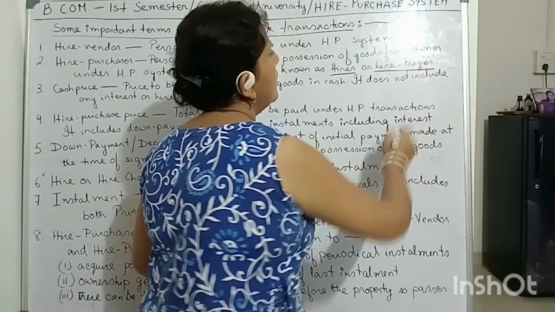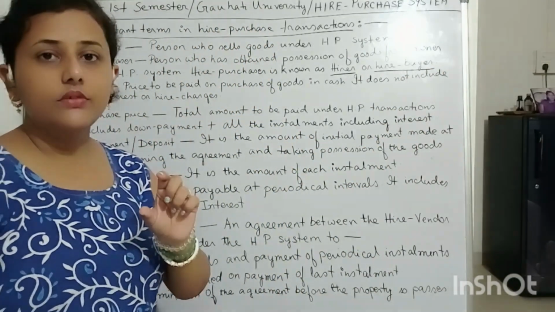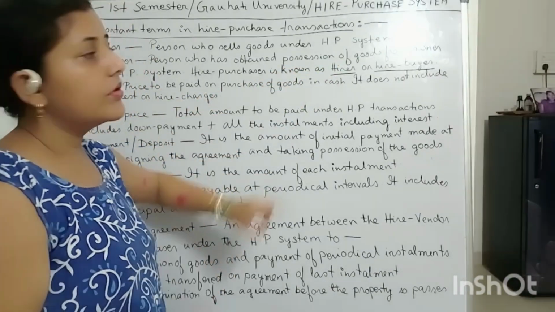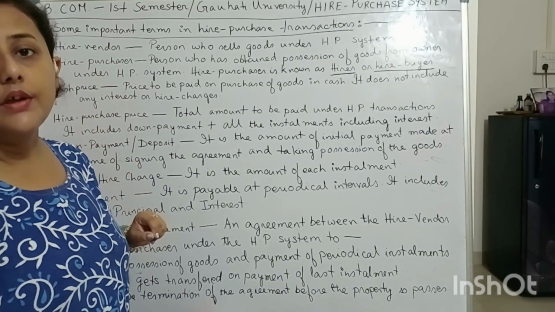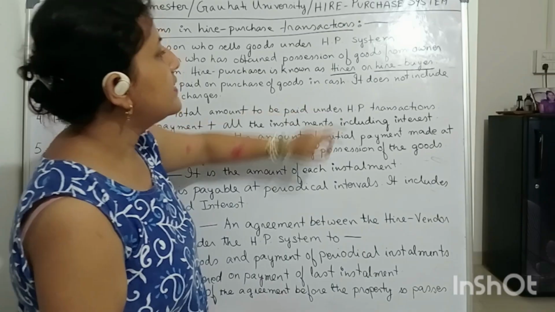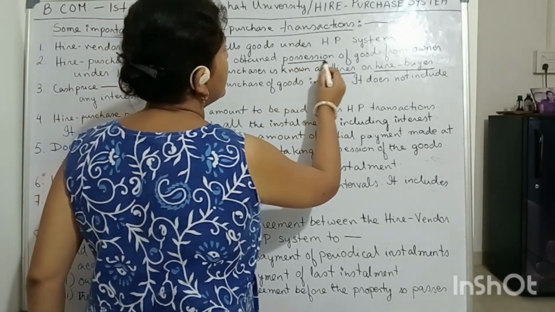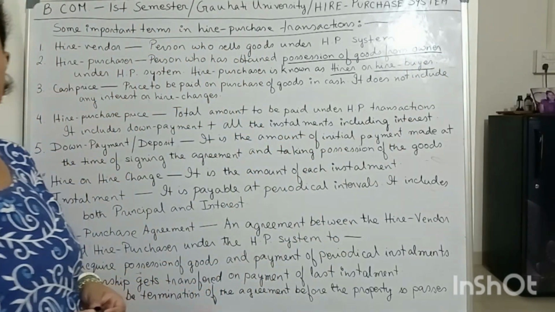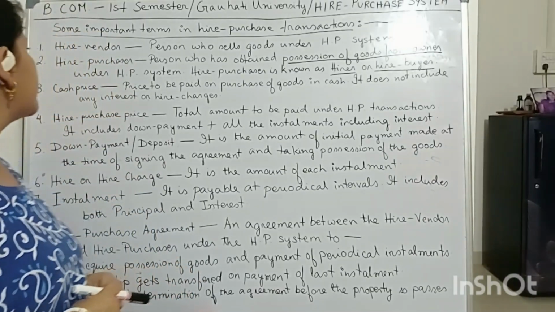So the person who has obtained the possession of goods from the owner under the hire purchase system is known as hire purchaser, and he can also be termed as hirer.